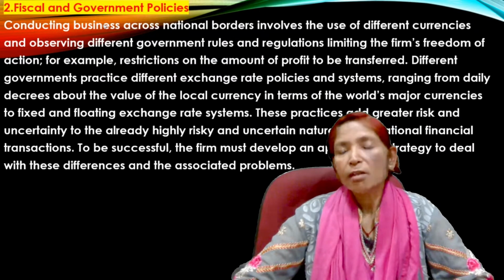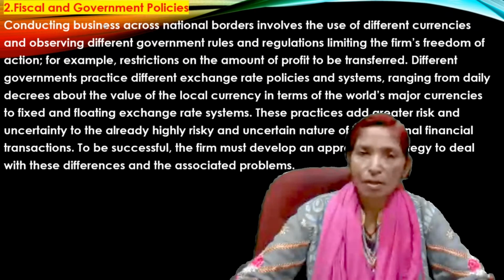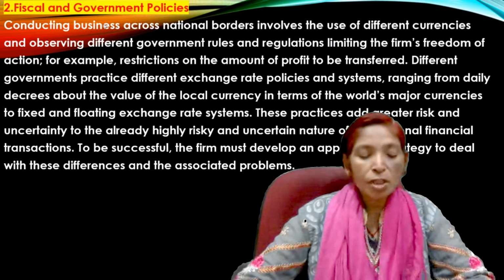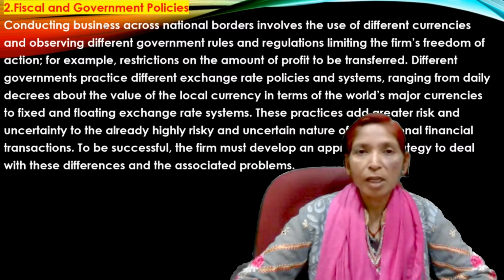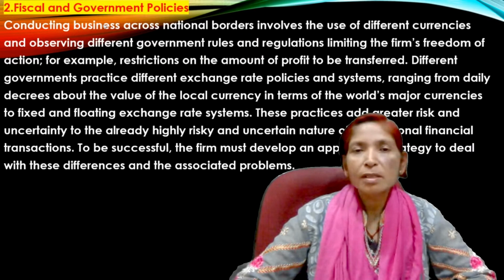Either it may be a fixed exchange rate system or a flexible exchange rate system. A fixed system is one under which a currency's exchange value is fixed by the government and remains always the same.